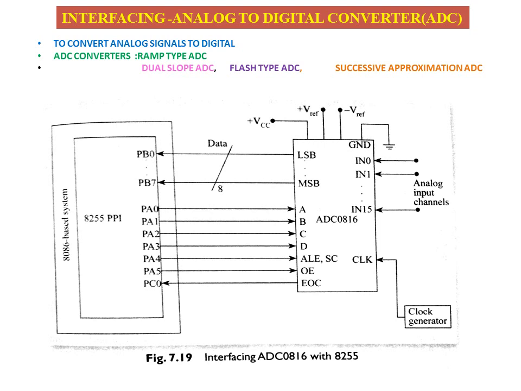In this example, they give the ADC 0816 analog to digital converter. This also has the three properties, that are number of input analog channels.